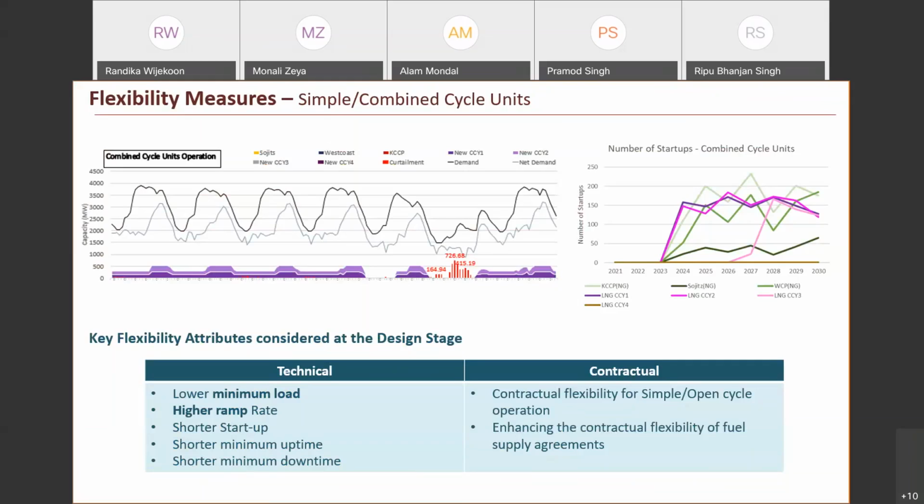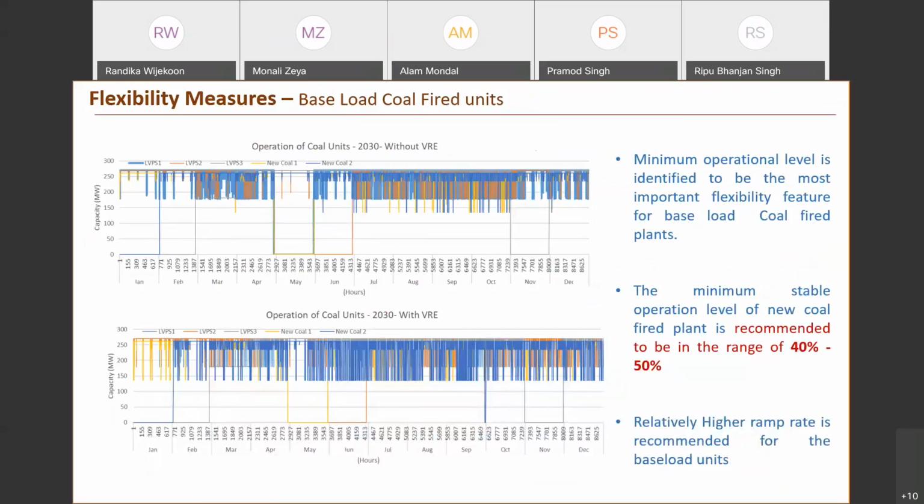Therefore, we ensure that these flexibility parameters are very well captured in the design stage itself. And moreover, we are also concerned about how to unlock the flexibility from the contractual terms, by enabling simple to open cycle operation, as well as not limiting the flexible operation due to fuel supply agreements and so on. The next, please.